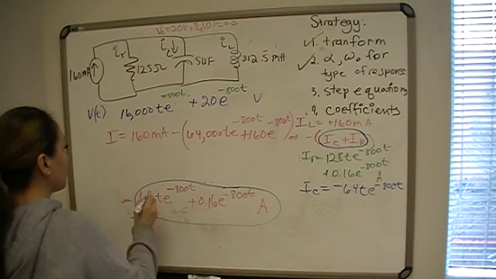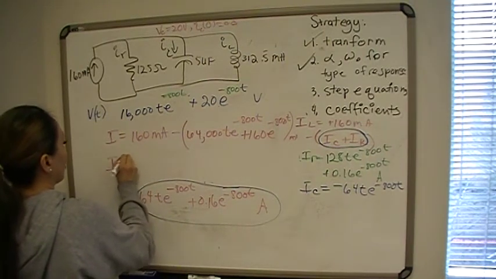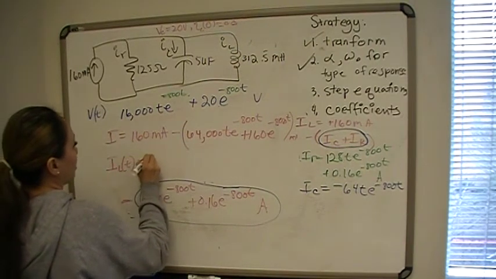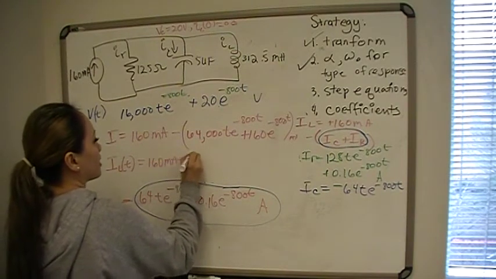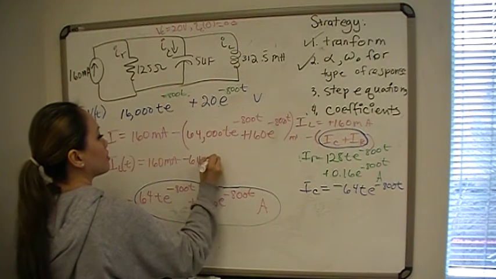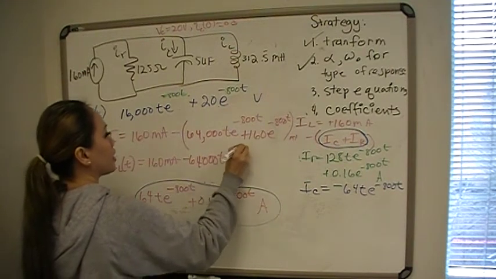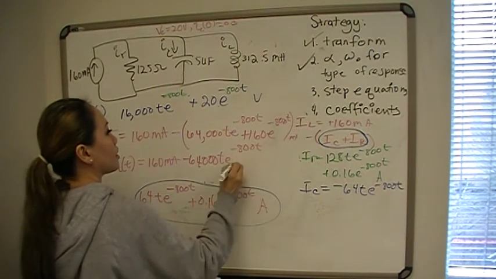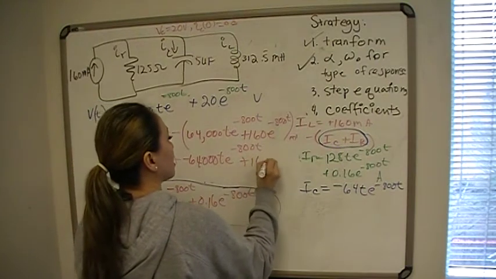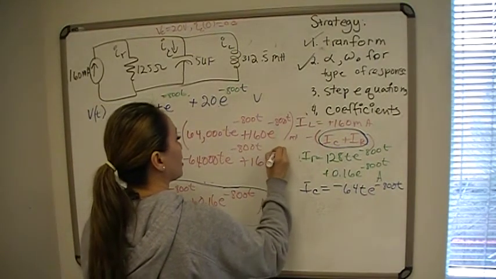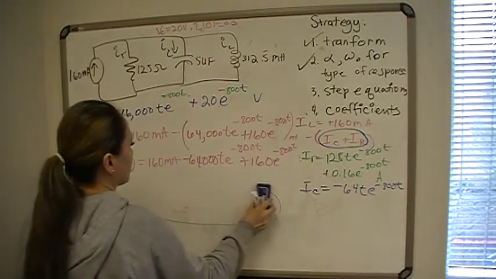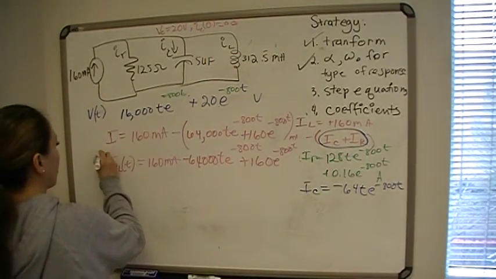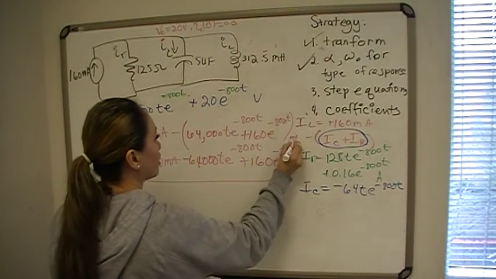And so our inductor current equation will be 160 milliamps minus 64,000 te to the negative 800t plus 160 e to the negative 800t. And that is the answer to the second part of this problem.